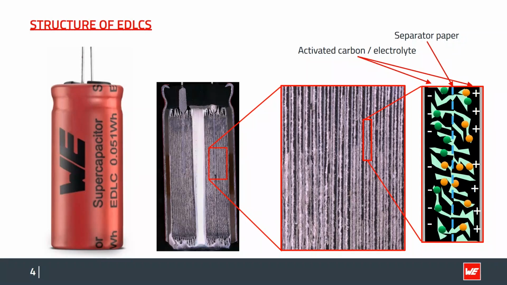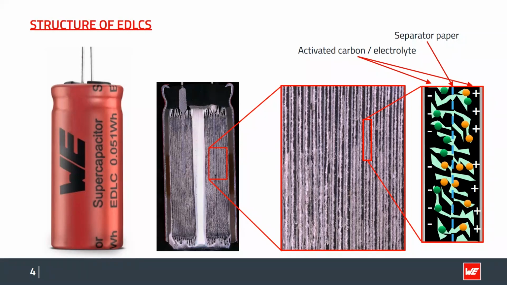Supercapacitors are available as pouch cells, coin cells, as well as cylindrical cells. The most common one is the cylindrical type, which is shown here in a cross-section view. It consists of a rolled electrode. The electrode consists of activated carbon, which is applied on a metal foil, the so-called current collector, and the electrolyte is completely absorbed by the porous activated carbon.